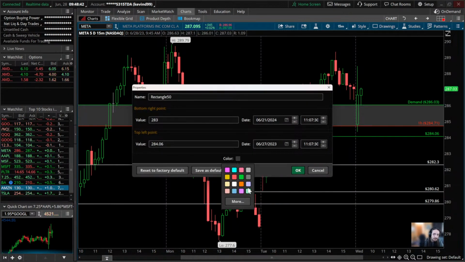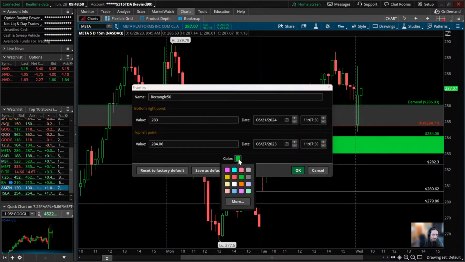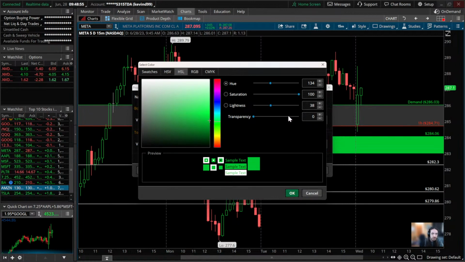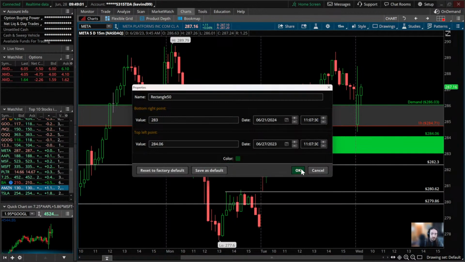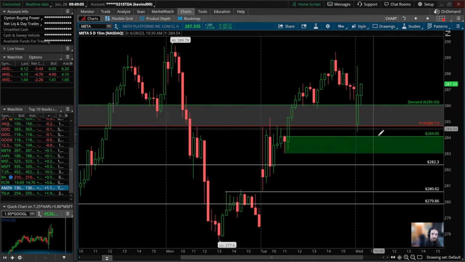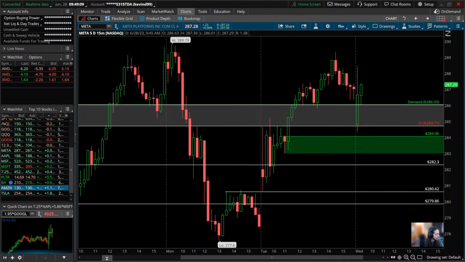And for those on YouTube, how we're going to do that is we're going to do the rectangle, and instead of keeping it like this where we wouldn't be able to see the candles at all, we're going to go into the color, hit more, HSL, and bring transparency to about 70. That way you can still see it, but it's a lot easier to read the candles when they get in there.